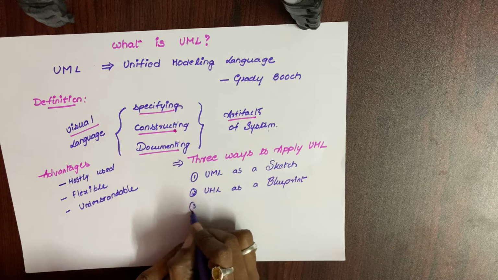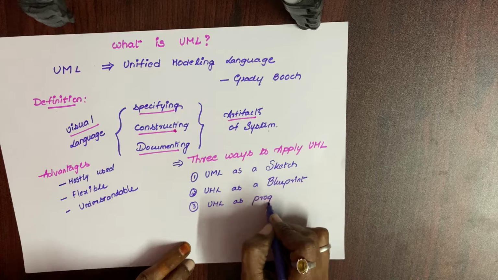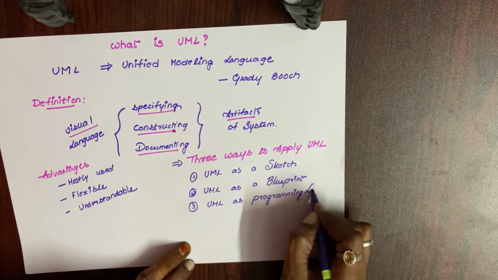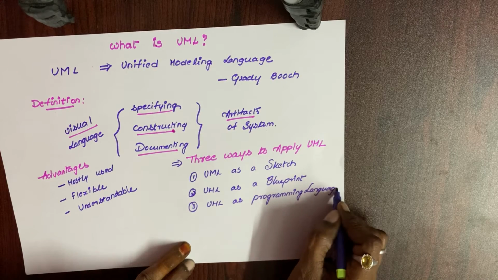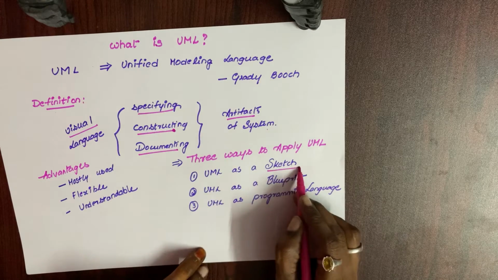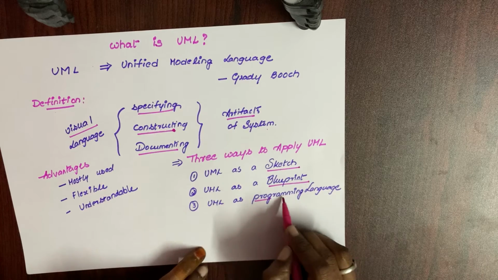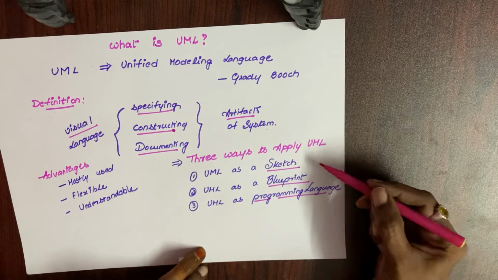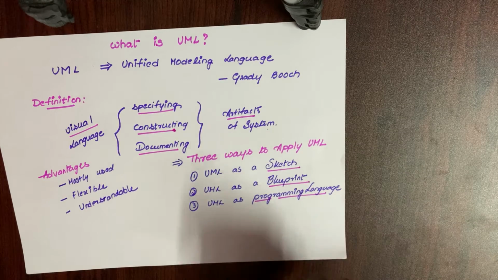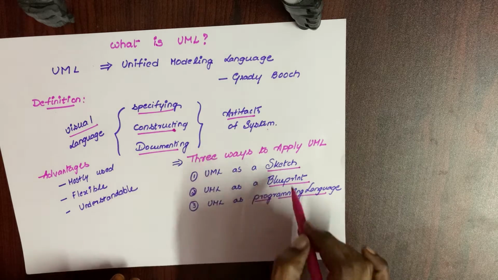And third one is UML as a programming language. We can use UML as a sketch, as a blueprint, and as a programming language. These are the three ways where we can represent UML. So let's see how we can use all these three ways.